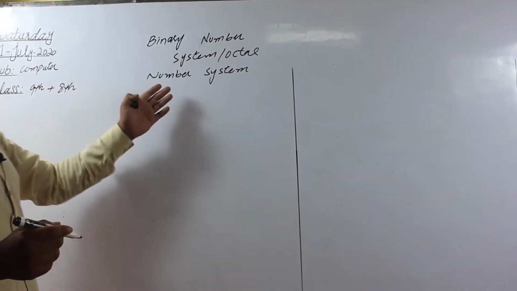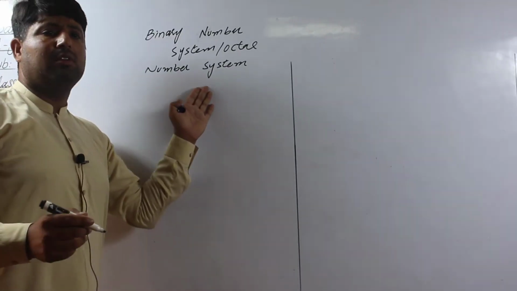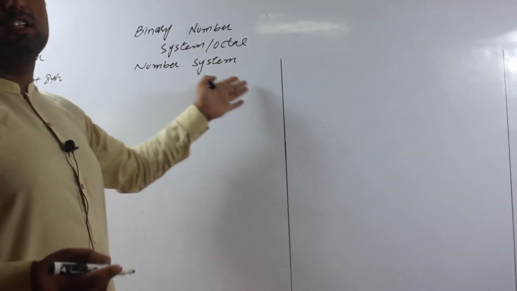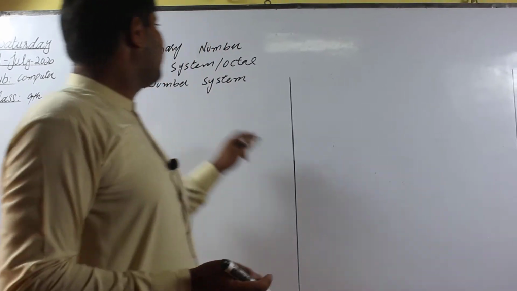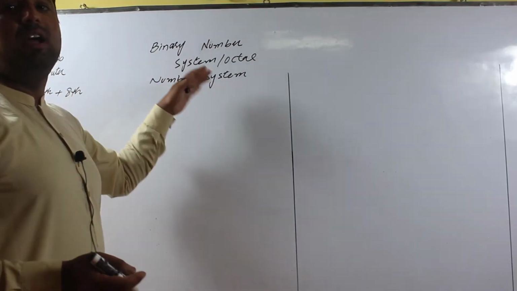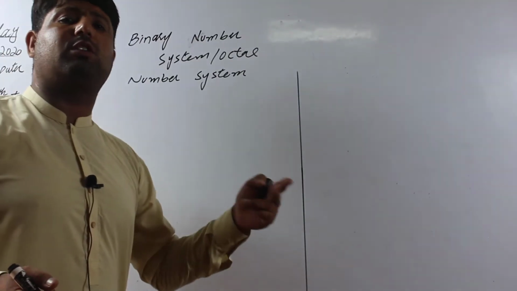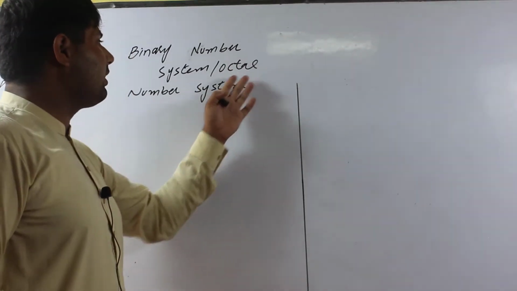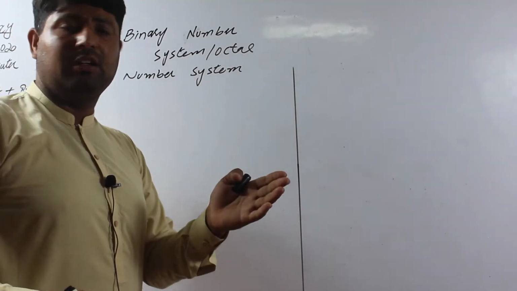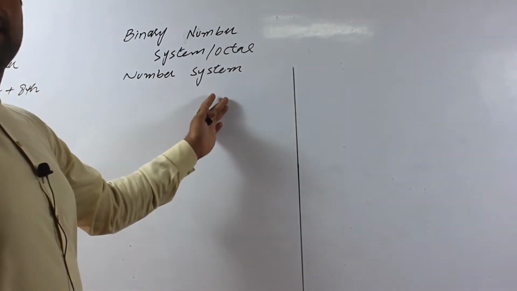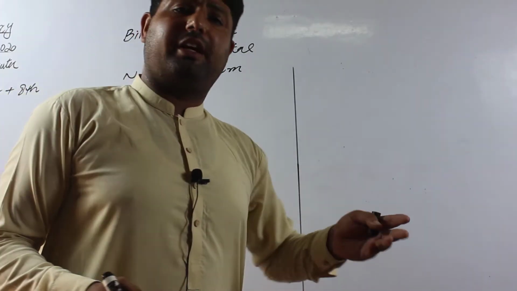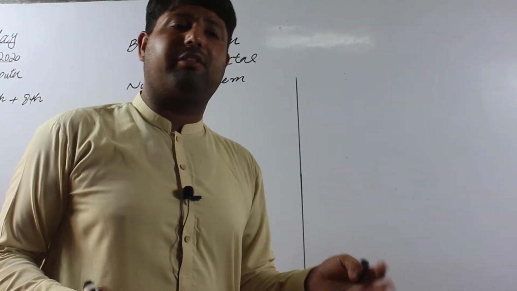I also discussed the binary number system and the octal number system in previous lectures. The binary number system is base 2 and consists of the 2 digits 0 and 1. The octal number system is base 8 and consists of 8 digits, 0 to 7.